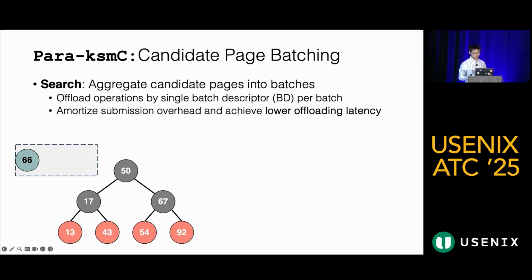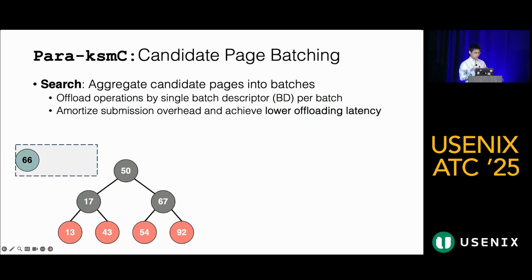As batch processing of checksum calculation on the candidate pages is very straightforward, here I will mainly explain how Para-ksm-C supports batch processing of comparison operations. In particular, I use unstable tree search and insertion as an example. In the tree search, Para-ksm-C aggregates candidate pages into batches and offloads the operations with a single batch descriptor for the whole batch.